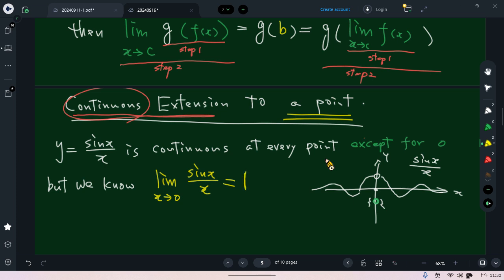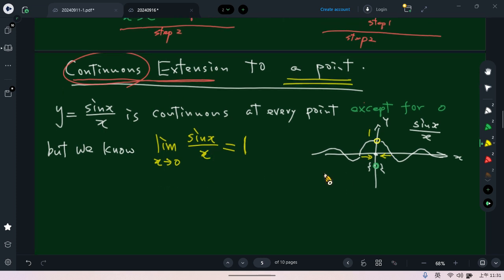So when x is approaching 0, no matter from this way or this way, both limits are 1. So based on this fact, the limit as x approaches 0 of sin x over x is 1.